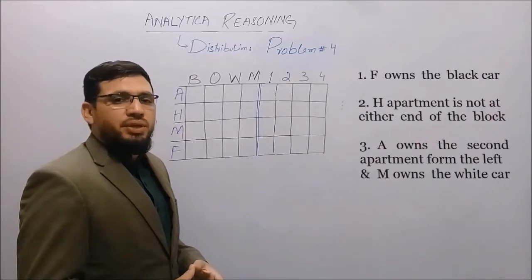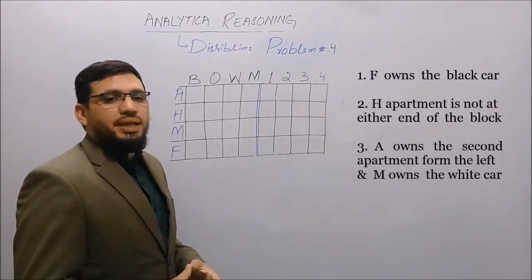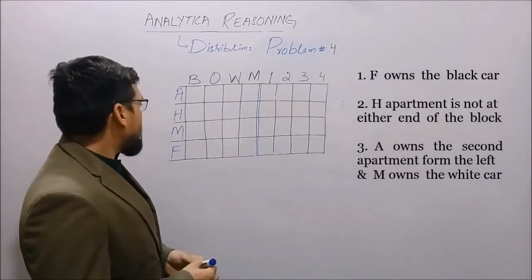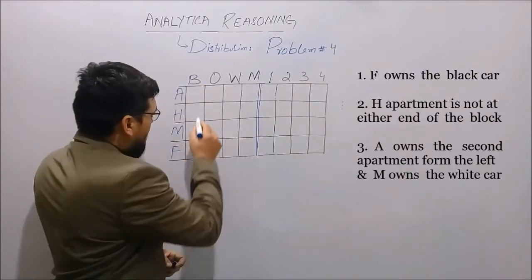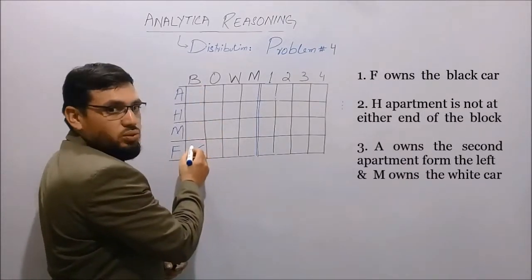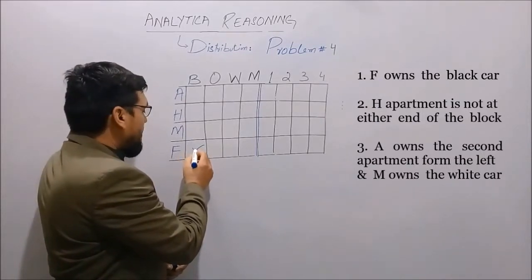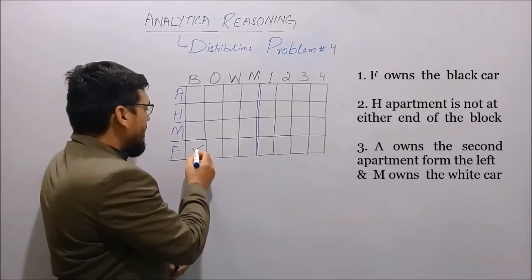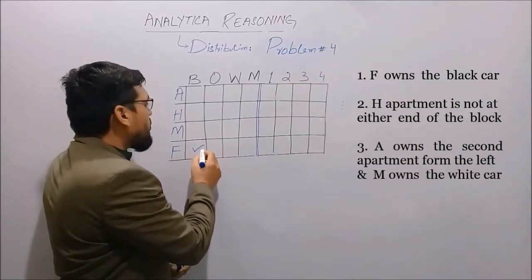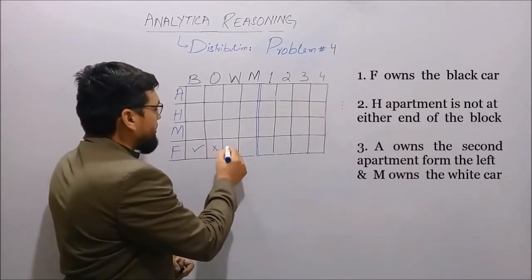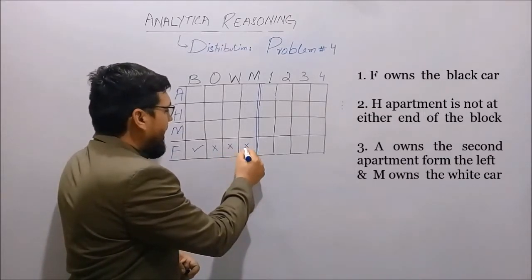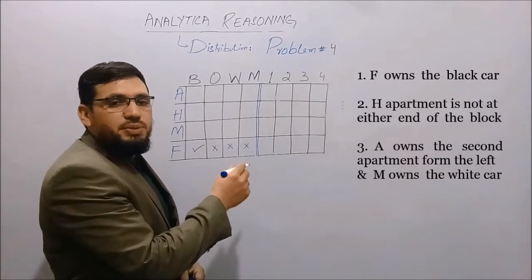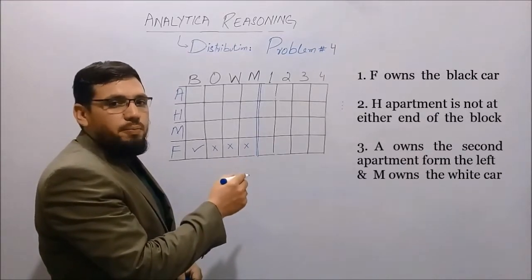The first information about this arrangement is that F owns the black car. Now we will fill this cell with the black car. We can see that the black car is owned by F. By applying this information we are confirmed that F won't have the orange, the white or the maroon one, as it is mentioned that each person has one car.